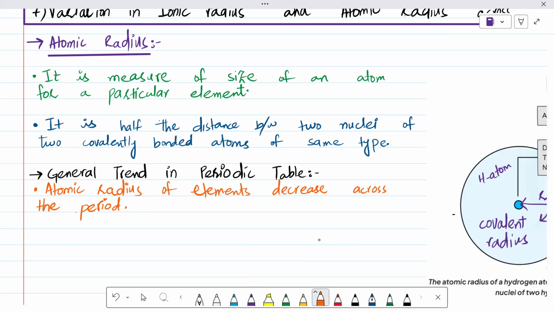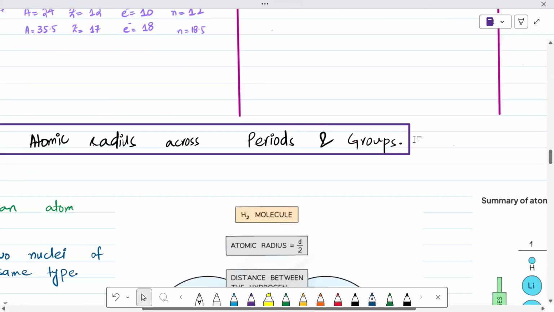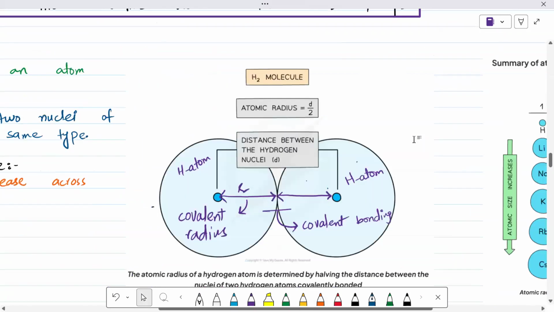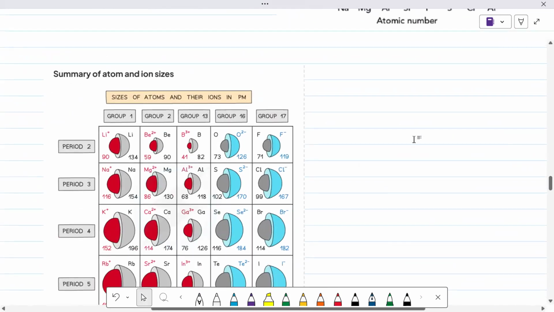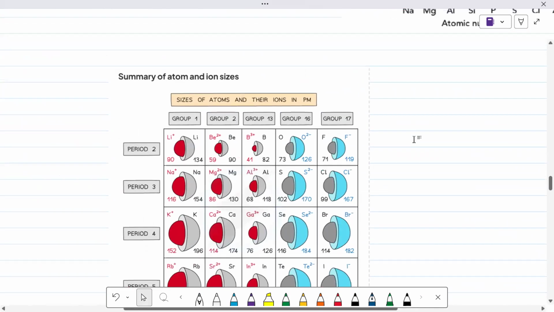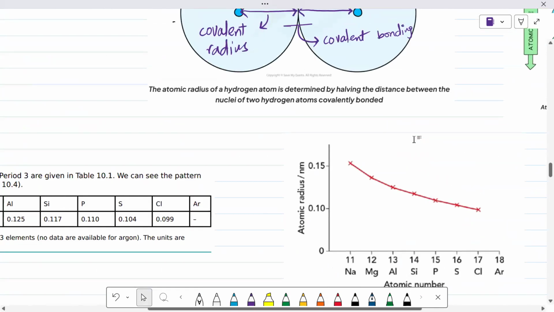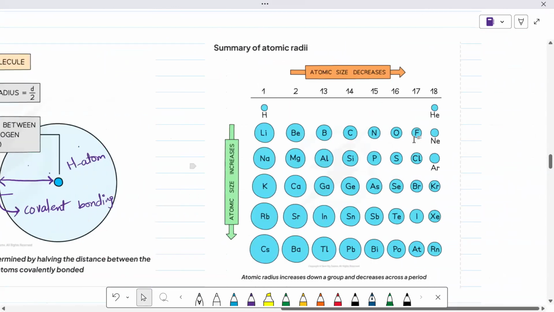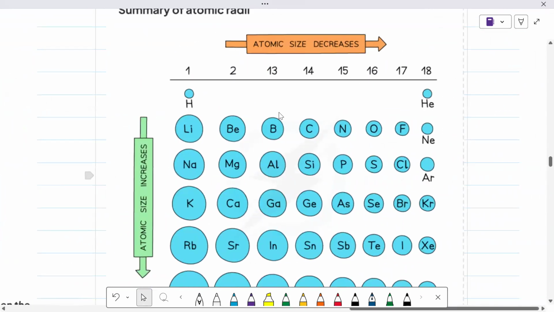What we are saying is that whenever you go from left to right in the periodic table, the atomic radius will decrease, like this one. You see this, like hydrogen, we will go to lithium, beryllium, boron, carbon, nitrogen, oxygen, fluorine and neon.